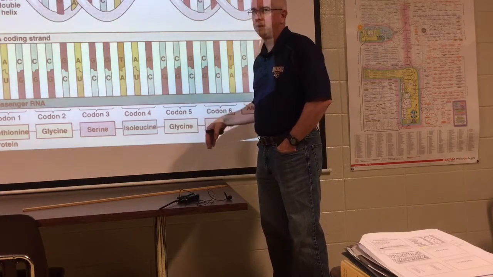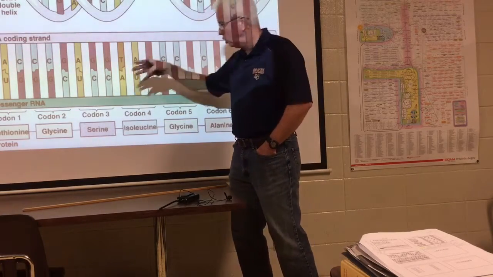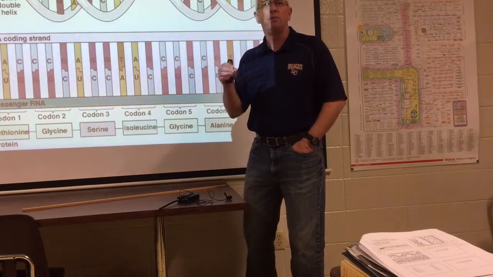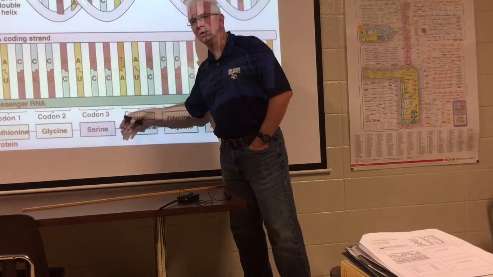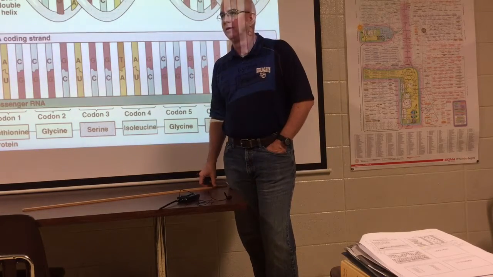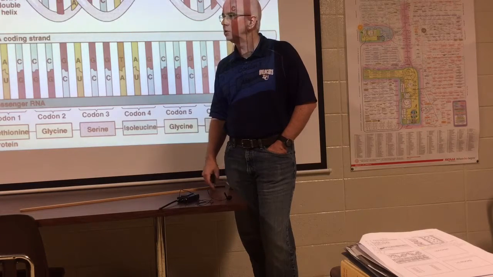Will it matter that the codons here code for these specific amino acids? If you do not put the right amino acid where it goes, what happens to the protein? Changes. Okay, in what way does the protein change?